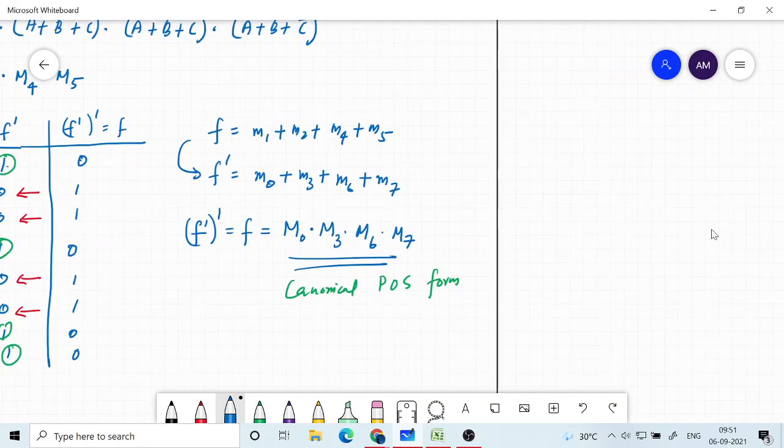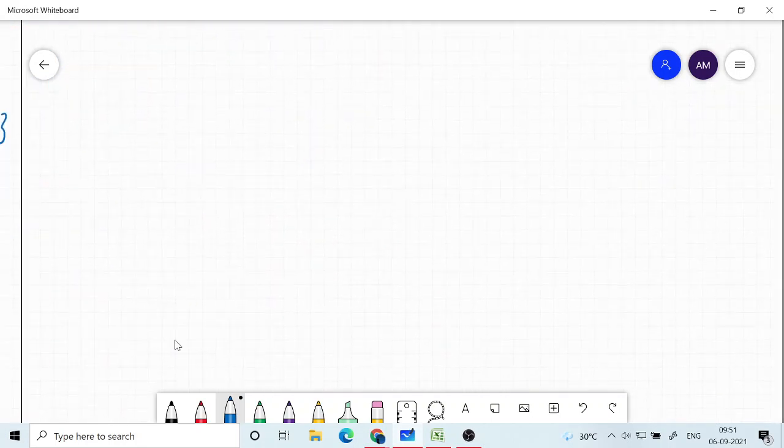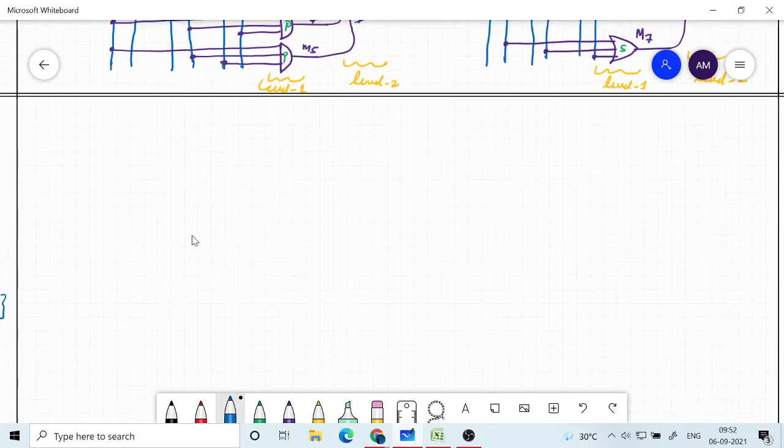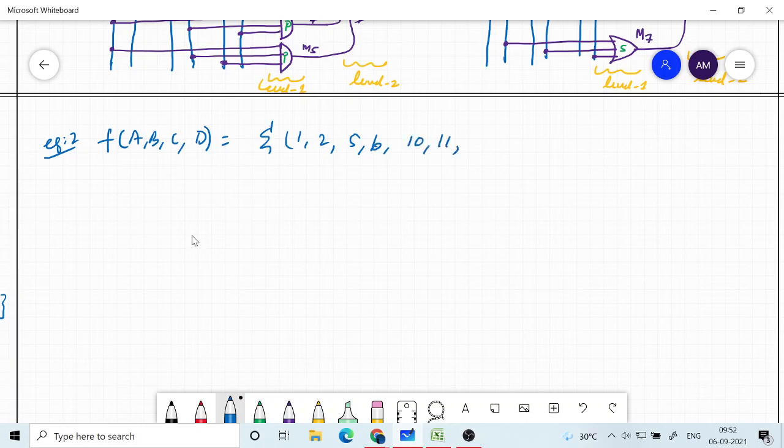Let me show you one more example. It is exactly the same procedure. So for example 2, f is given as a function of a, b, c, and let's say d also, and it is given as 1, 2, 5, 6, 10, 11, 13, 14.